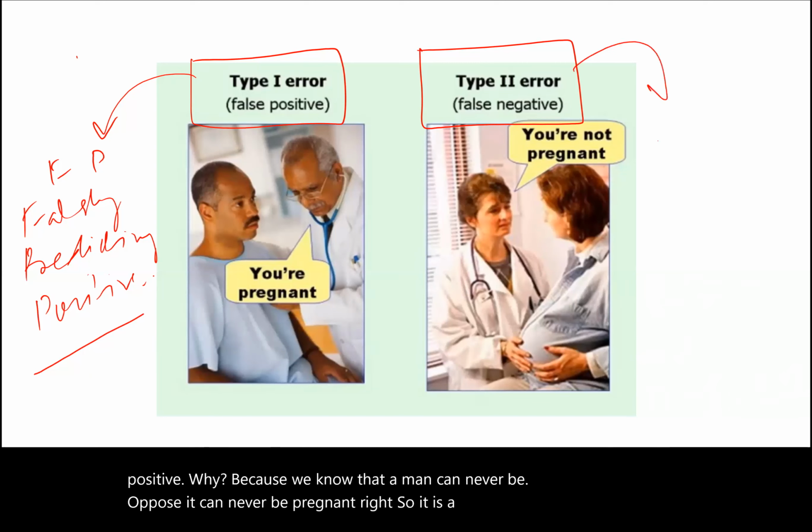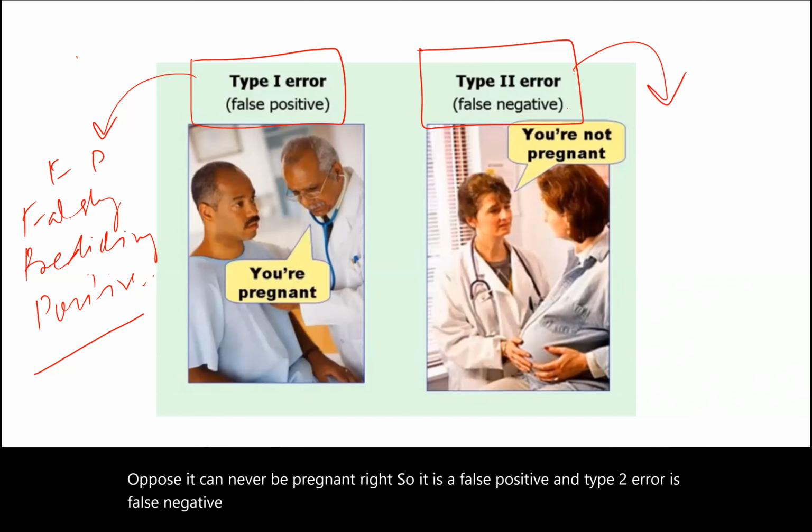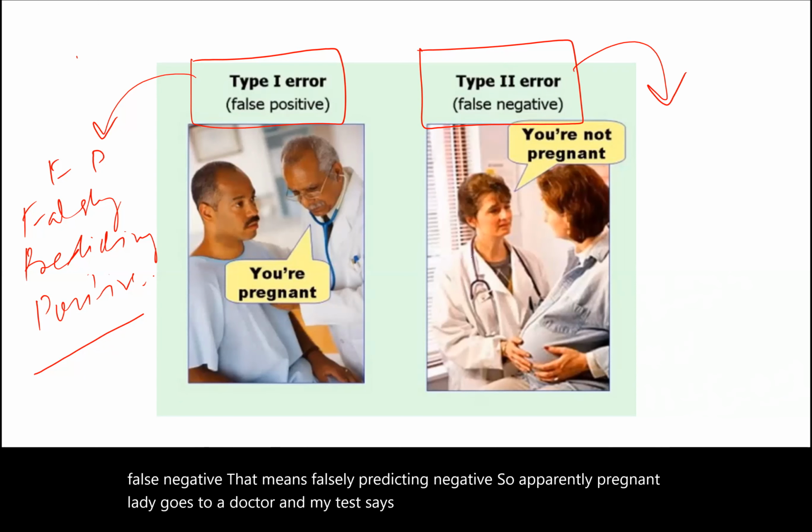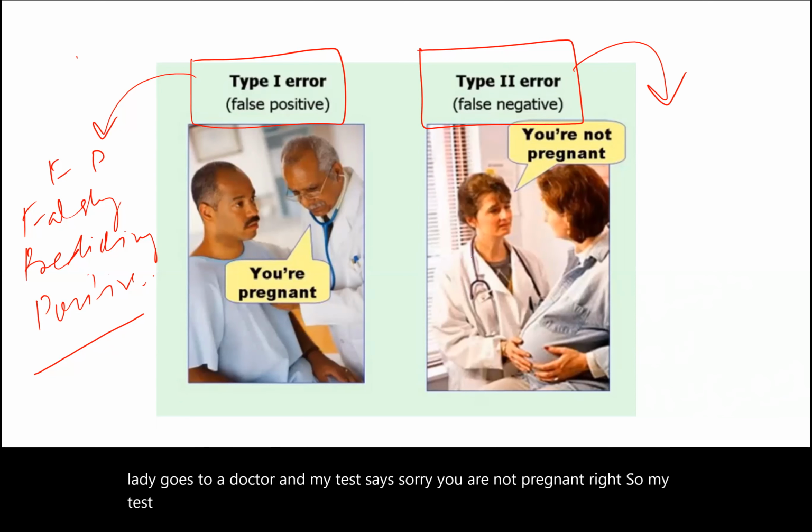And type 2 error is false negative, that means falsely predicting negative. A pregnant lady goes to a doctor and my test says sorry, you are not pregnant. So my test is performing wrong predictions. It is saying you are not positive, but the lady is actually positive.